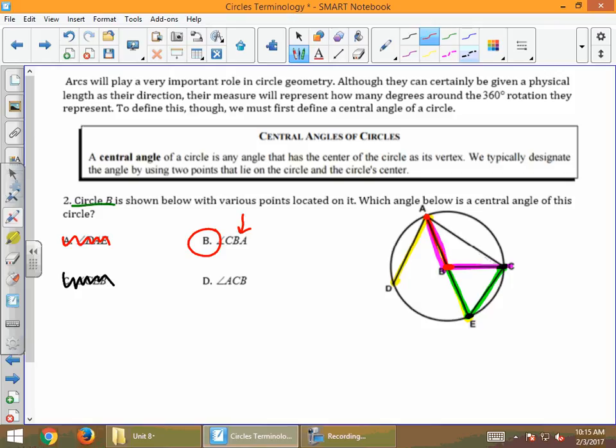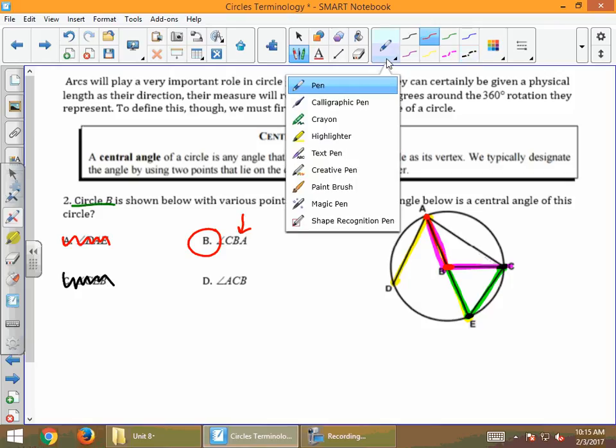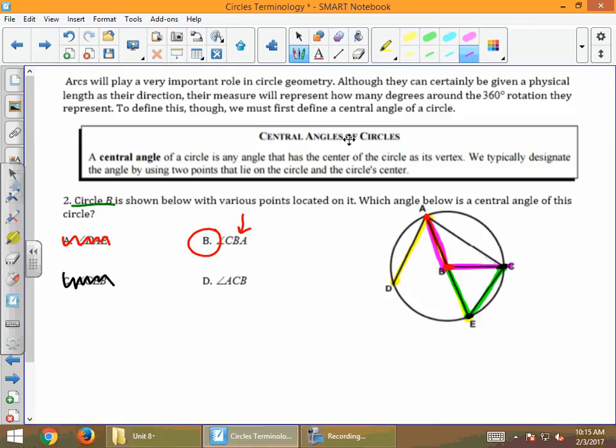And if we look at ACB just to double check our work, if we look at A to C to B, again the vertex is on the edge, so that one would not work out. Okay. Questions over that?